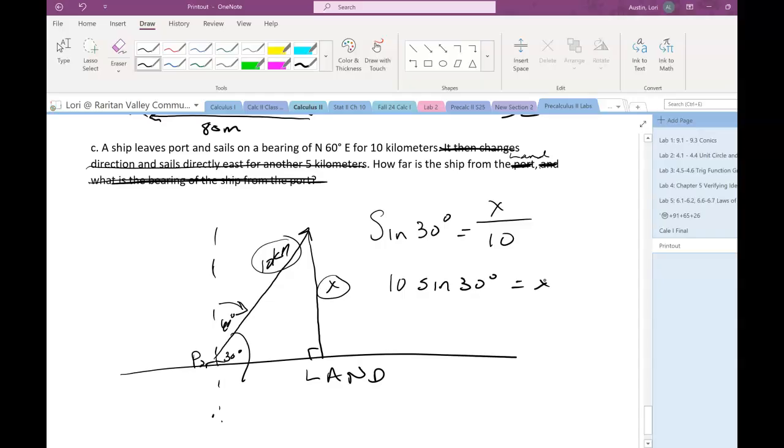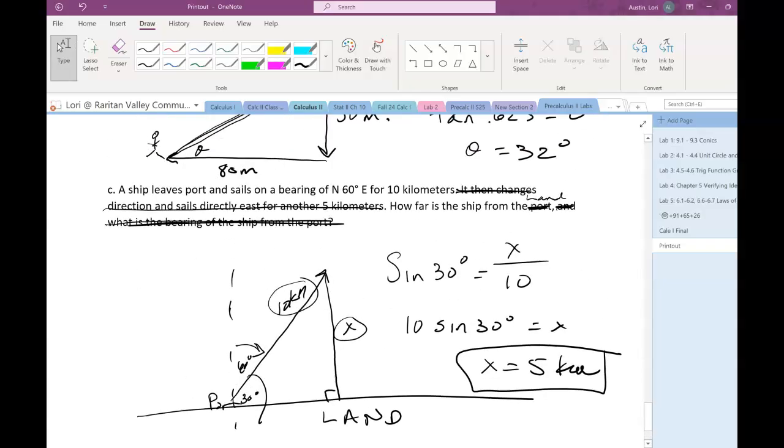So sine 30, which you know is a half. You don't even need a calculator, times 10 is 5 kilometers. So again, this will be updated from the one I showed you in class. We will go back to this original problem when we do law of sines, well after spring break.